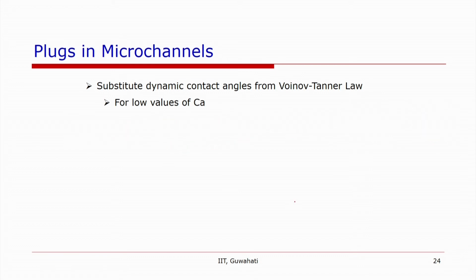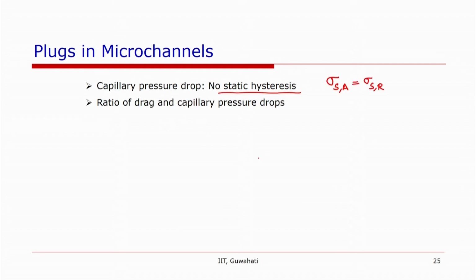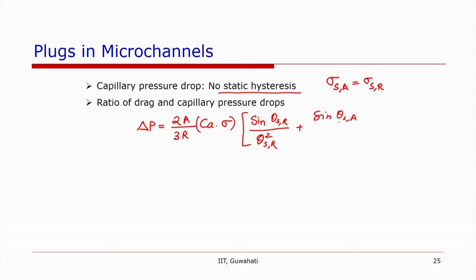So what we will have is delta P equal to 2A over 3R, Ca into sigma, into sin theta SR over theta SR squared plus sin theta SA divided by theta SA squared.